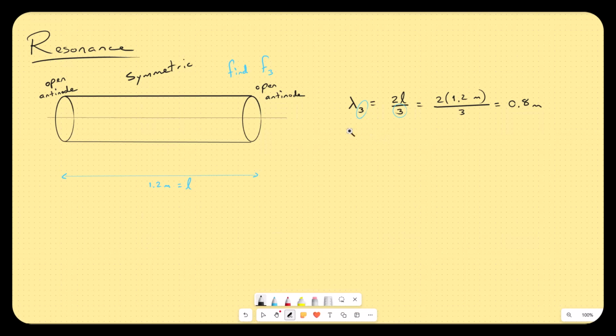And then I know that my wave speed is equal to wavelength times frequency. I'm looking for my frequency. So I'm going to get 340 meters per second divided by 0.8 meters, which is going to give me 425 hertz.